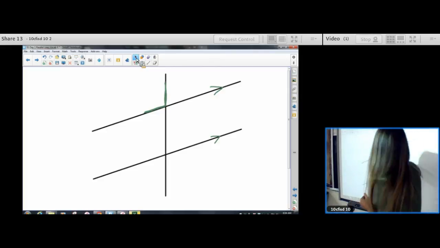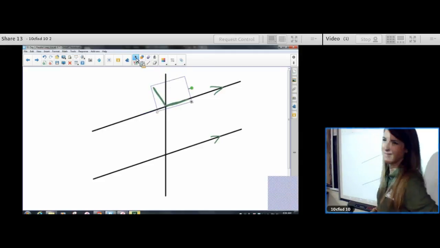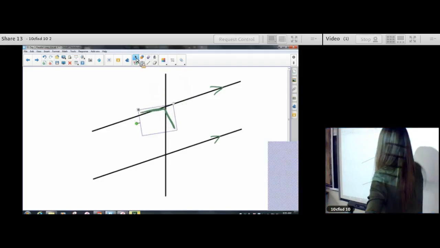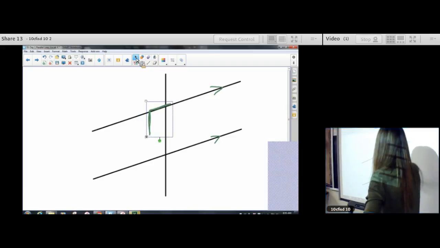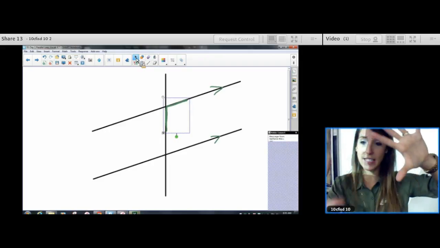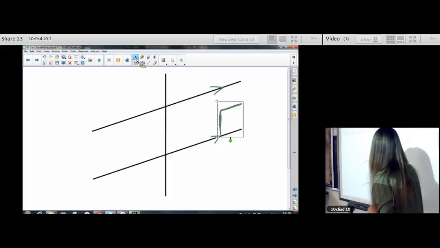If I compared this angle to this one, are those two congruent? No. Let's compare it to this one. Are those two congruent? No. Let's compare it to this one. Ding, ding, ding. That first angle that I traced is congruent to this angle right here. So I'm going to shade them.